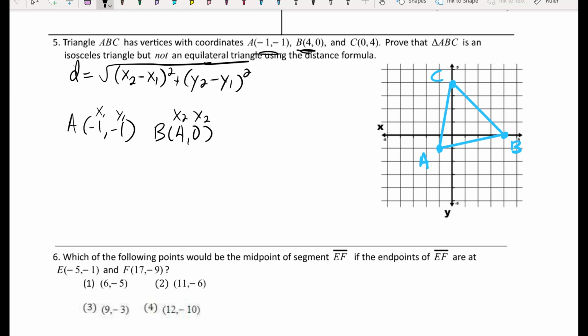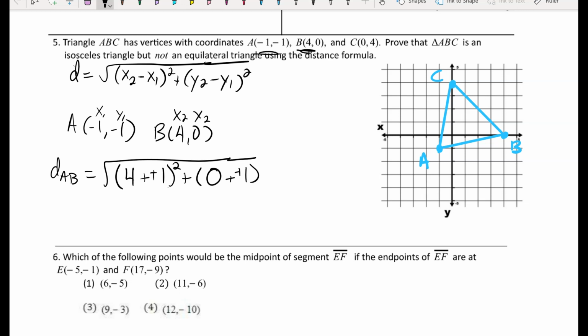When I substitute into the distance formula, so I'm going to find the distance of AB, that's why I put a little AB down there, it's the square root of x2, which is 4, minus x1, which is -1, and remember, when you subtract the negative, that's the same thing as adding, squared, plus y2, which is 0, minus y1, which again is -1, so I'm going to add that and square it.